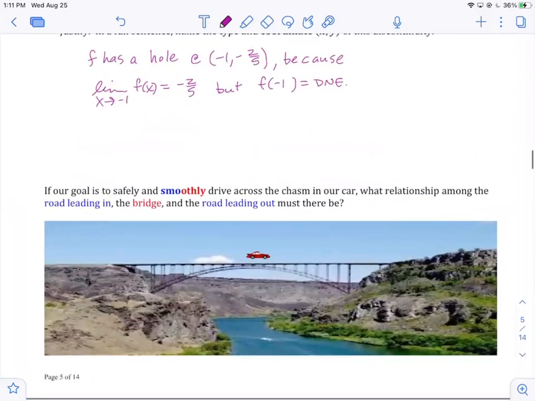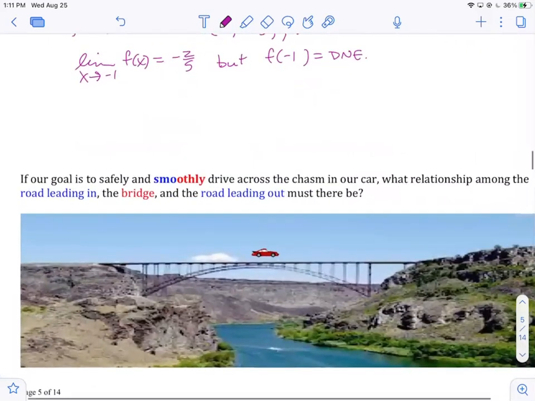We don't want that. So I made this image myself, I know you're impressed, right? But if our goal is to safely and smoothly drive across a canyon or a gorge, we need to establish then what relationship between the two one-sided limits and the function value needs to hold at that particular x value. And I think it's pretty obvious, right?